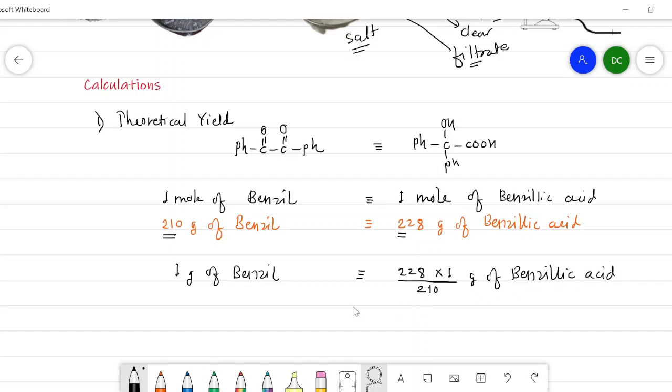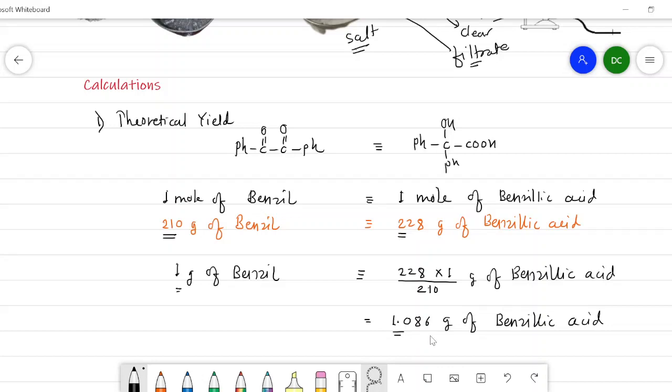It is a cross multiplication, and if you carry out this multiplication and division, we get here 1.086 gram of benzilic acid. So for 1 gram under ideal condition we will get 1.086 gram of benzilic acid.